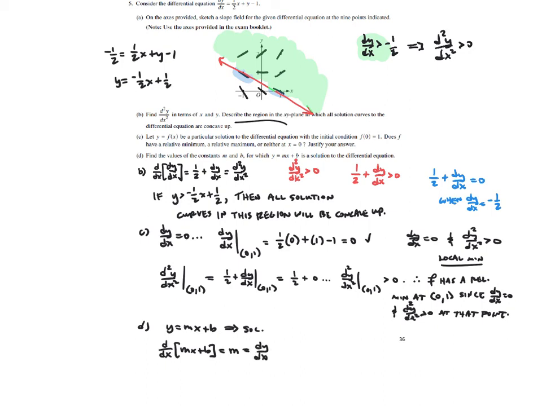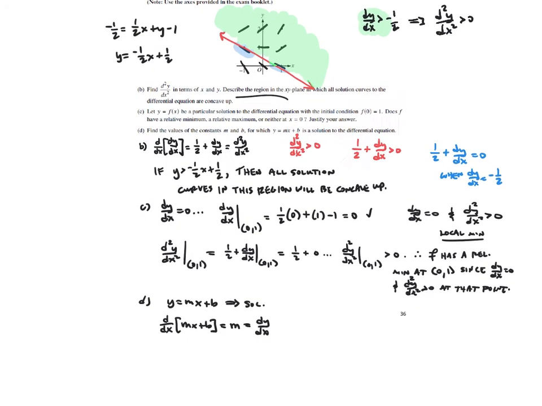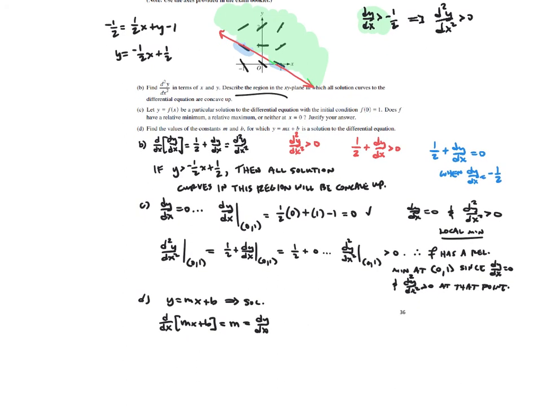And I can actually go a step further, which is going to be my useful step. I can take the derivative of dy dx, which is equivalent to taking the derivative of m, and m is a constant, which will equal 0. And that will be the second derivative of y with respect to x.